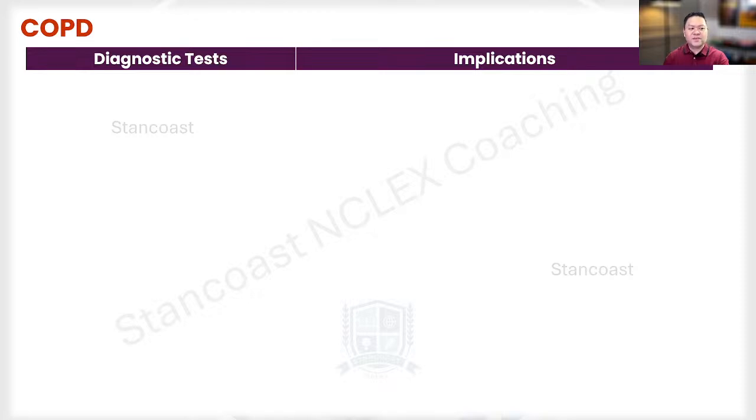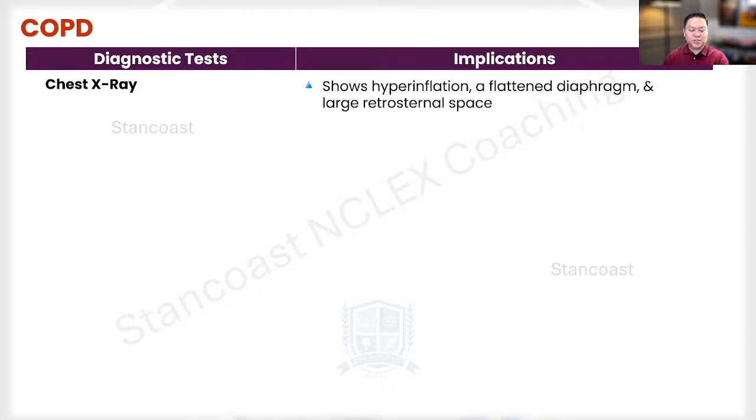One of the important diagnostic tests is the chest X-ray. This is a test that is easy to conduct, however, this has low sensitivity for diagnosing COPD. Again, this has low sensitivity in diagnosing COPD.